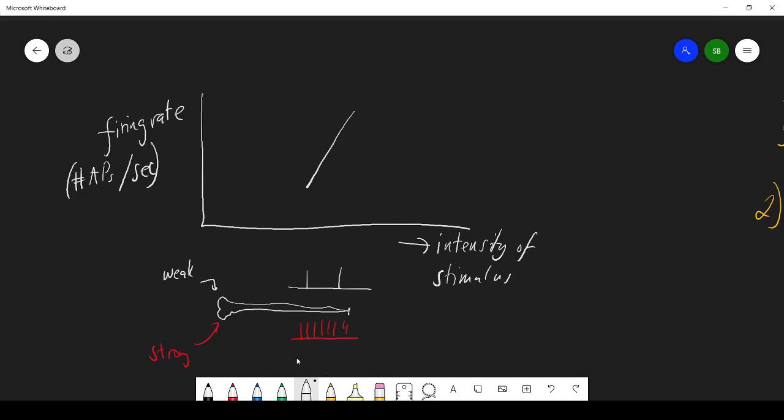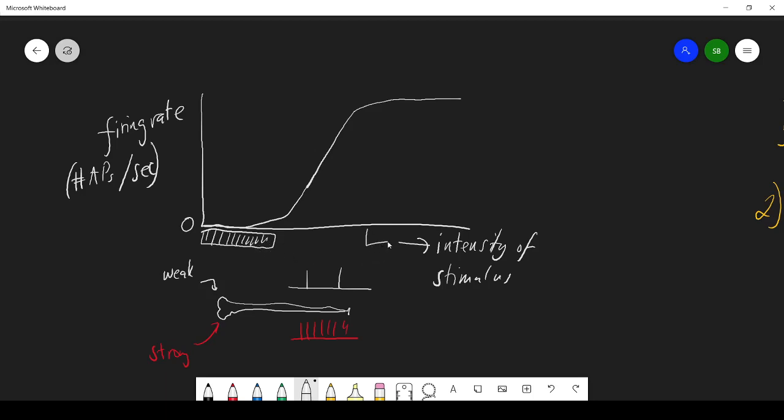So of course, at some point, there's some point below which we don't get any response at all. So that's 0. Because I can't keep going on forever, it flattens out. So we get this kind of sigmoid curve, and there's an area down here where there really is no encoding of the stimulus at all. It's just not responding.